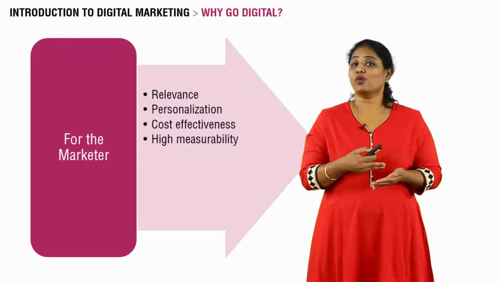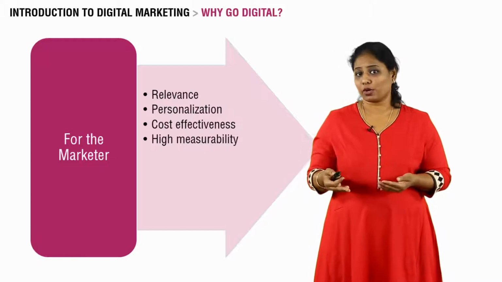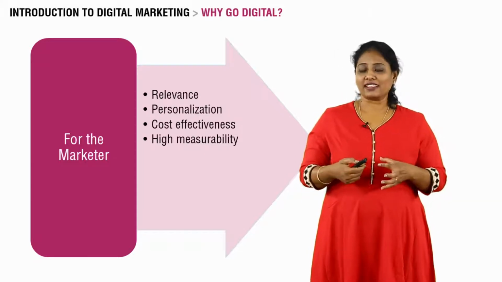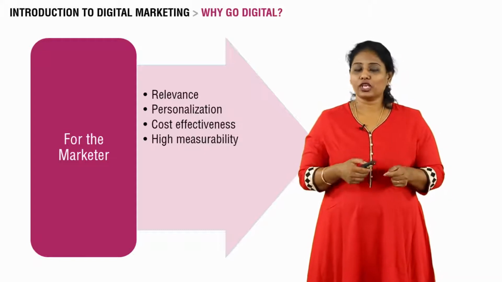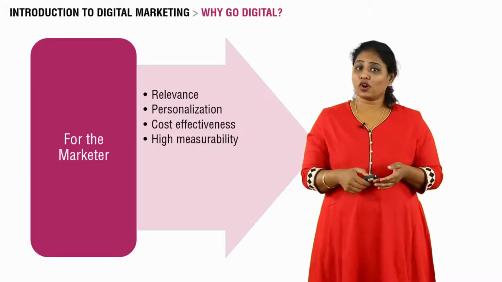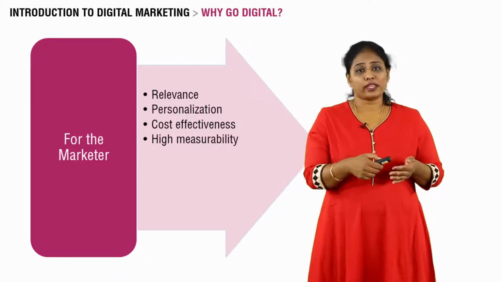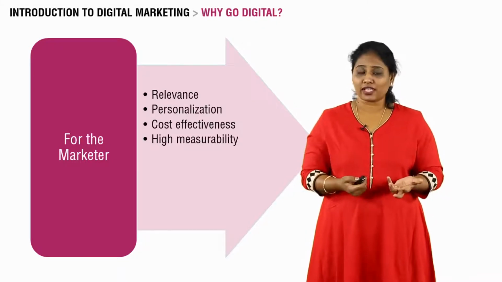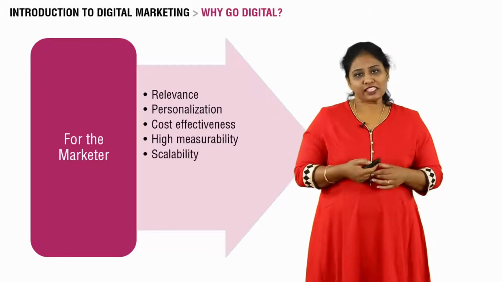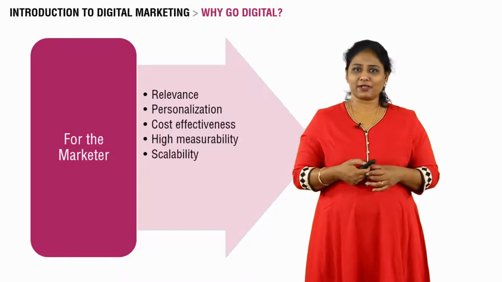Unless, of course, that was the only marketing media that you were using at that point of time. But with digital media, you can track this to the very last click. You will know how many people came to your site, from where they came, what they saw on your site, and what they bought, what was the value of that purchase, and when they come back again, you can track that as well.